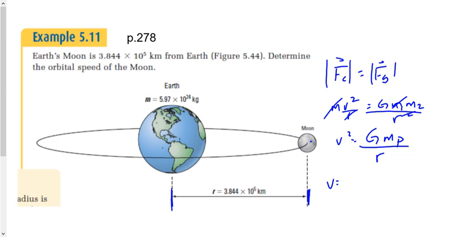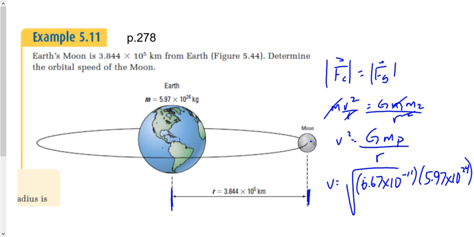I think it's going to be pretty fast. v is going to be the square root of 6.67 times 10 to the minus 11 times the mass of the producer, which would be the Earth in this case, divided by r, which is 3.844 times 10 to the 8 meters. Make sure you make that in meters. We don't have to square it this time because one of the r's canceled out.